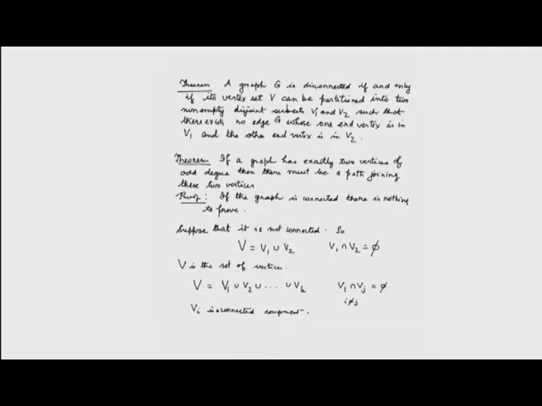Now, we have repeated this process over and over again, and therefore, we know that there is no edge between Vi to Vj.